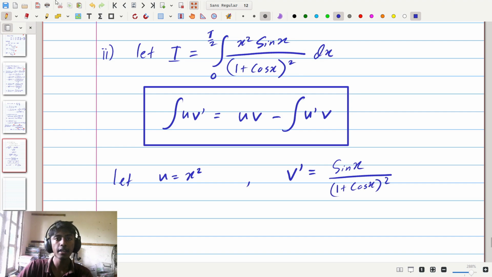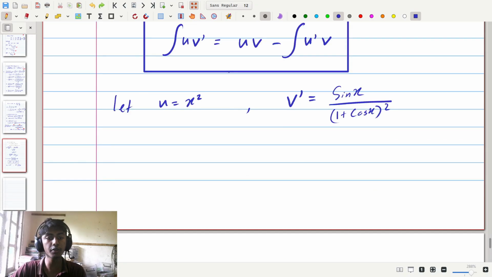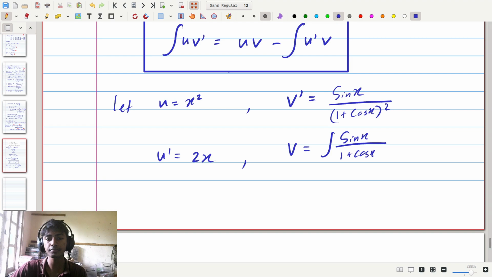Now for this, in order to apply integration by parts, we need u and v prime, but we also need u prime, which is the derivative of u, and v, which is the integral of v prime. Now getting those, for u prime, we can just take the derivative of u, which is going to be equal to the derivative of x squared, which is going to be 2x, but for v, we need to integrate v prime as the integral of sine of x divided by 1 plus cosine of x whole thing squared with respect to x.